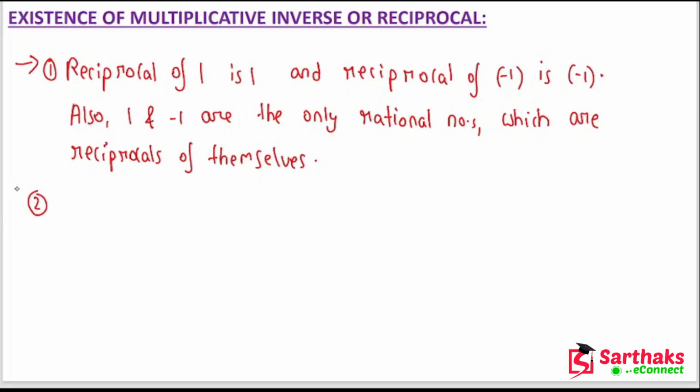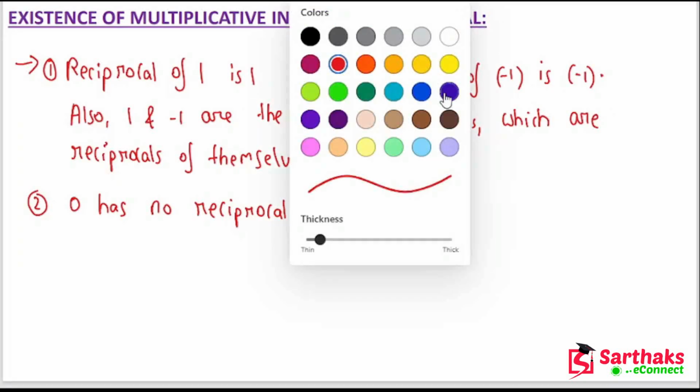Second important point: 0 has no reciprocal. Why?